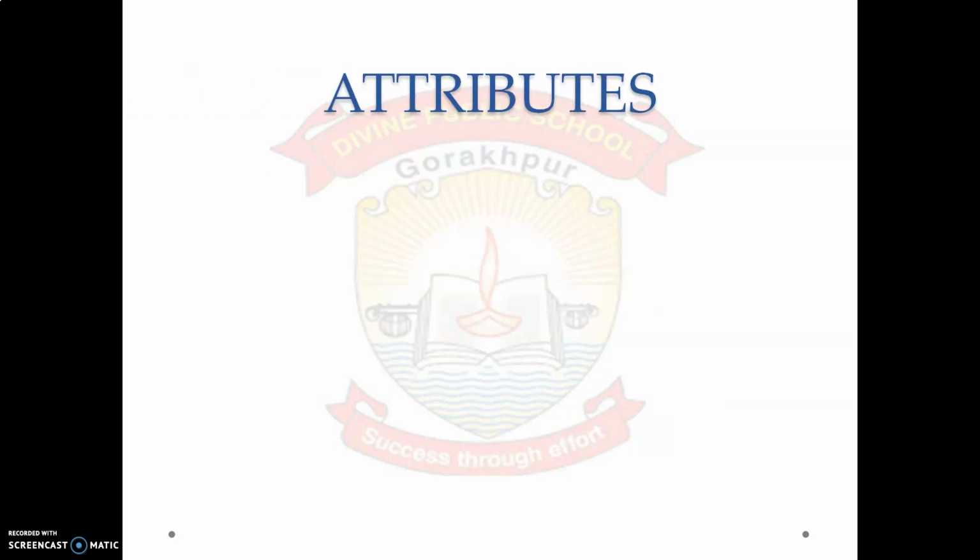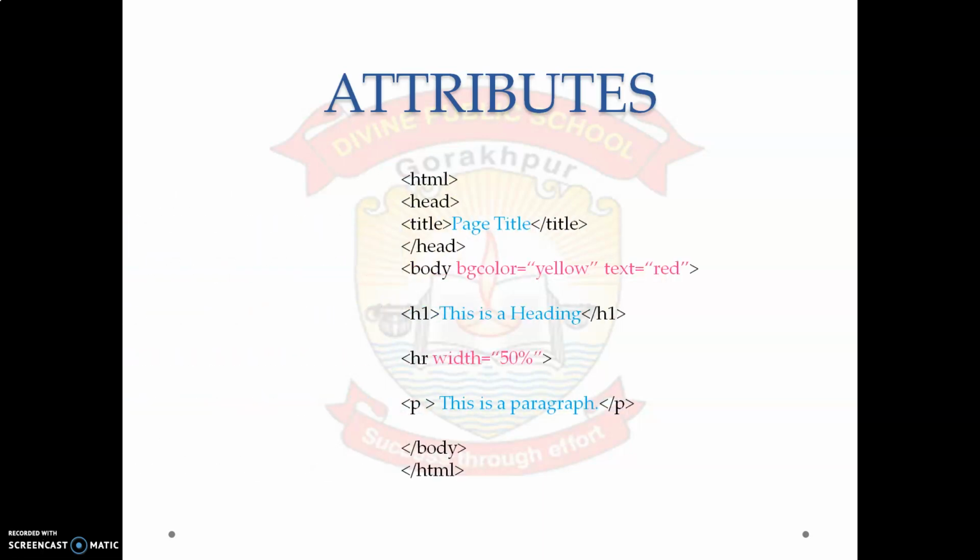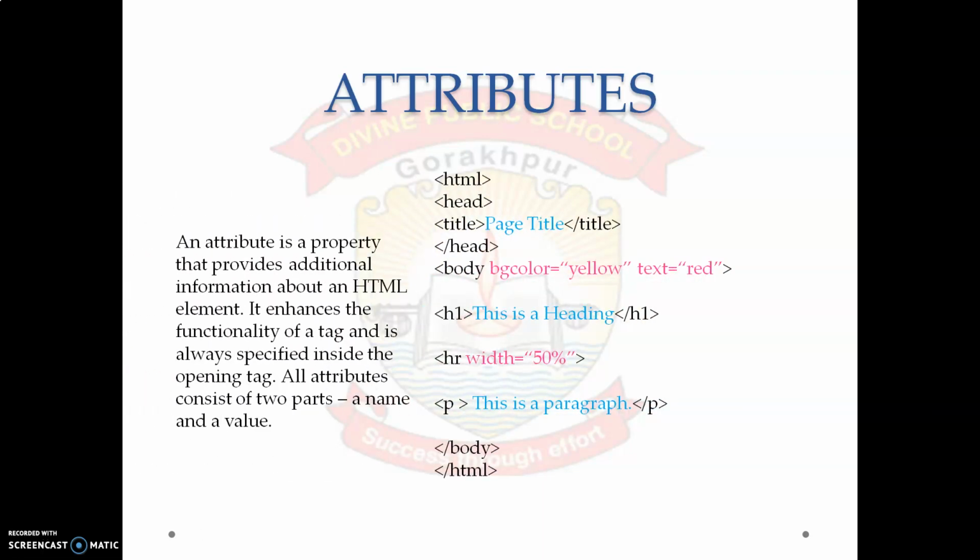Now attribute, it is the most important part of HTML. An attribute is a property that provides additional information about an HTML element. It enhances the functionality of a tag and is always specified inside the opening tag.